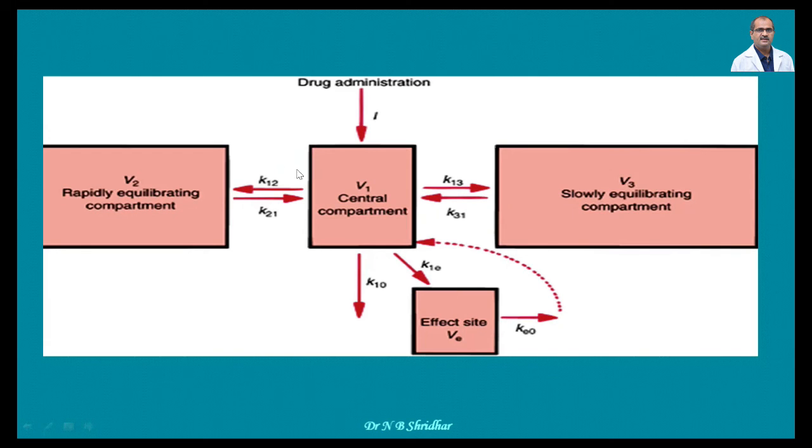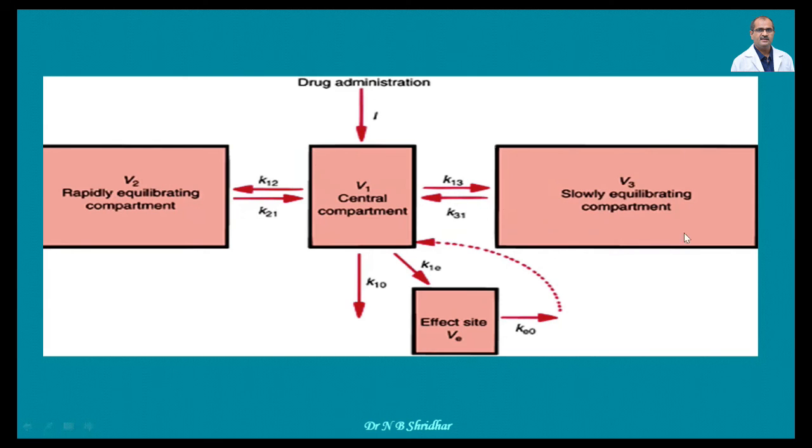Here the movement of the drug from the compartment 1 to compartment 2 is K12, whereas the reverse is called K21. Then the distribution of the drug from the central compartment to the slowly equilibrating compartment or compartment 3 is K13. Then the reverse is K31.